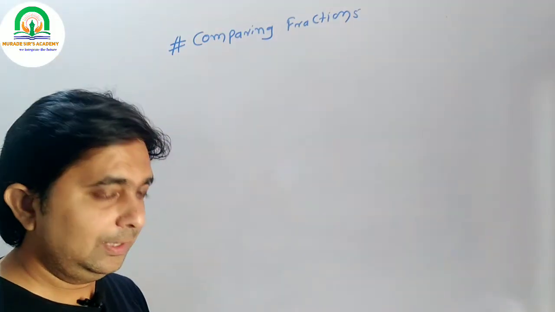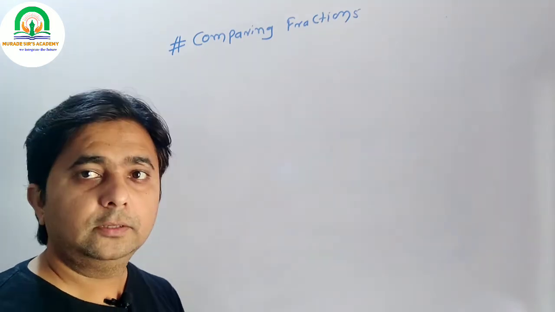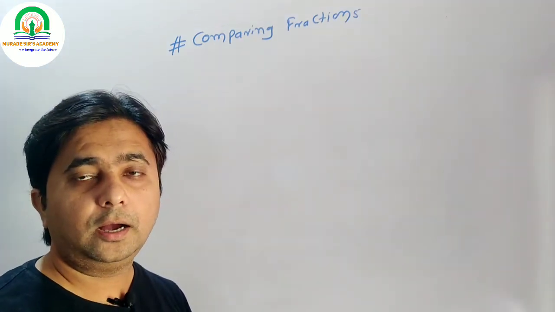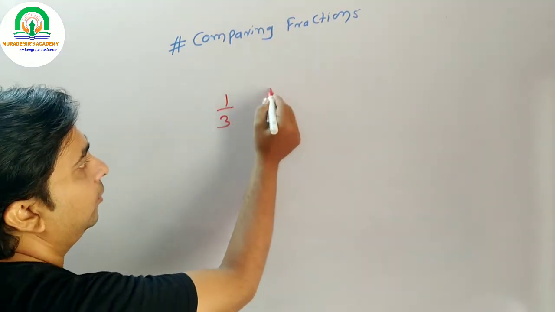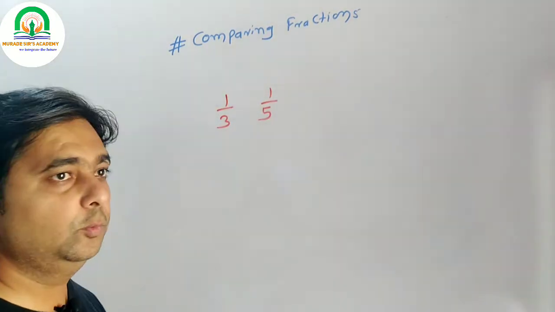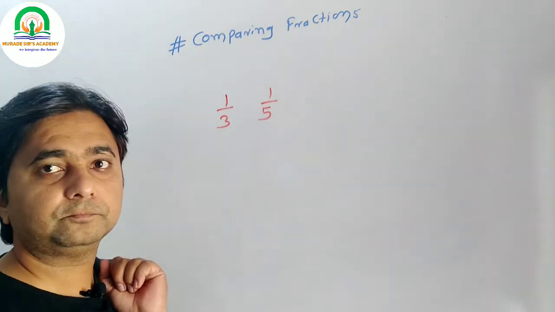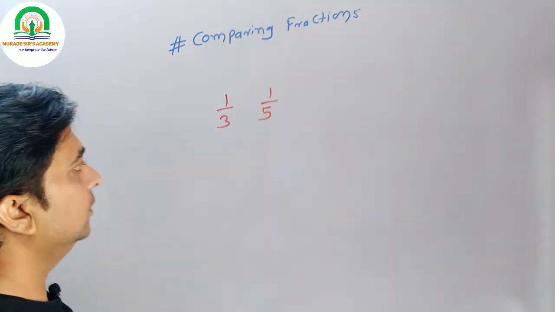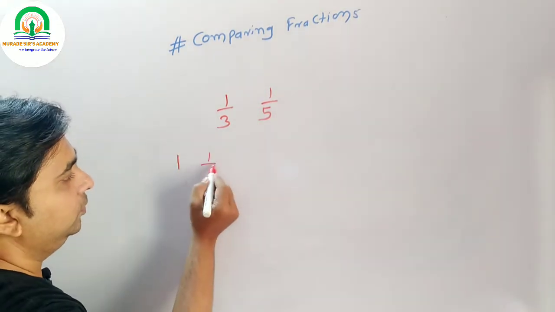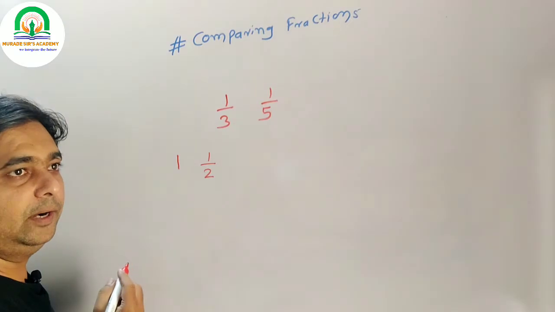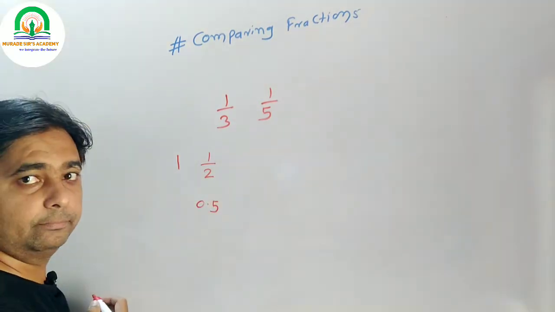Last time we saw the comparison when denominators are the same. If numerators are the same, 1/3 and 1/5, who is greater? For that, take 1 divided by 2, which is 0.5.